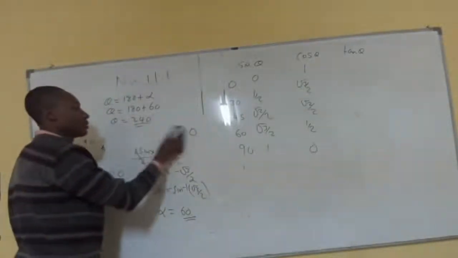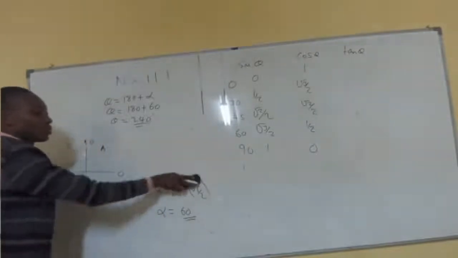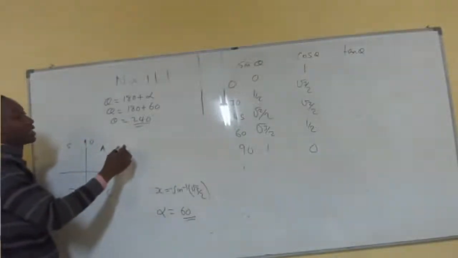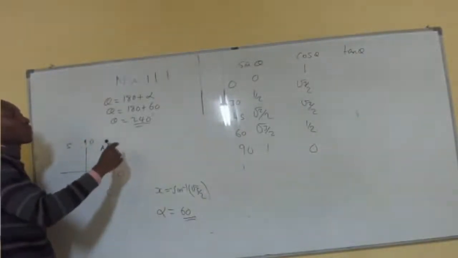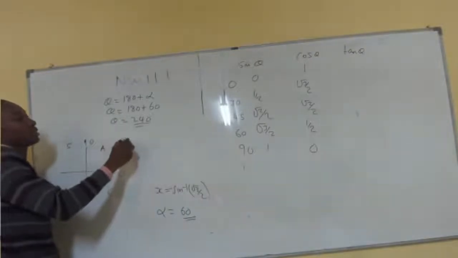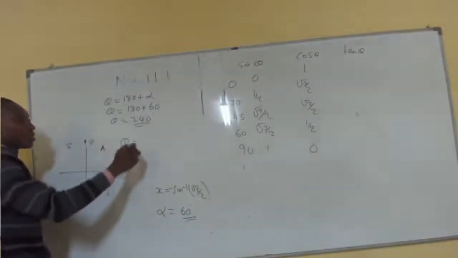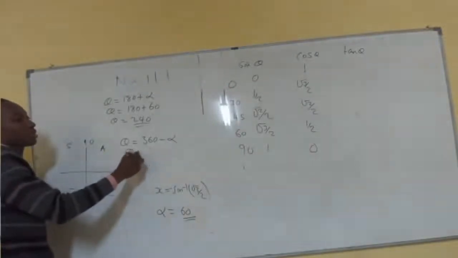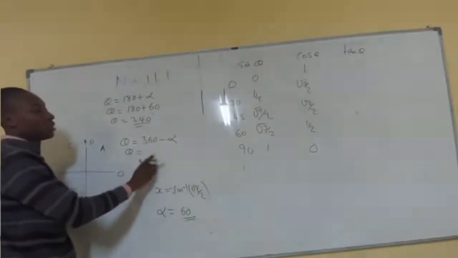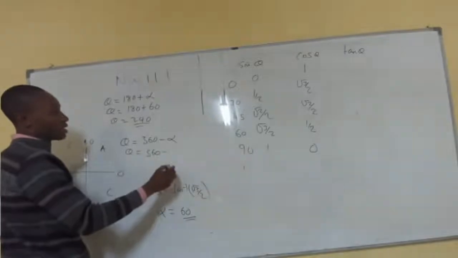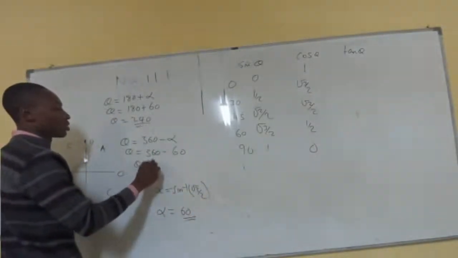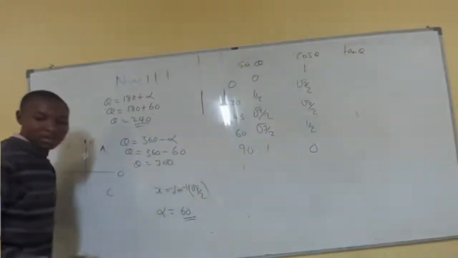The next one: we have theta in the 4th quadrant, which is 360 minus alpha. So theta is 360 minus 60, which is 300 degrees.